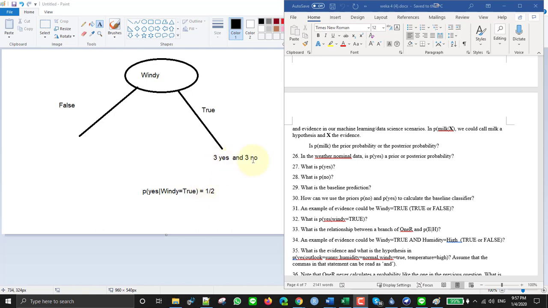If we had gotten 5 and 1, then this would be, for example, 5/6. So what's here is basically what's here. Okay, and going back to the original question, what is the branch? The branch, that is this, is the evidence.